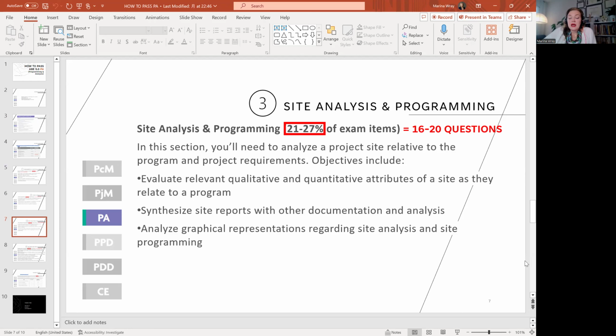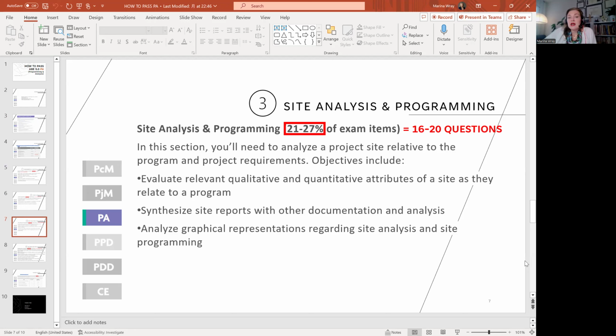Quantitative is like the square footage. You need to understand the neighborhood, the requirements, the height of the site, whatever elevations there are, how you can build, if there is a sinkhole or whatever, you need to really analyze the site and understand what numbers you can put there, the qualitative and quantitative.